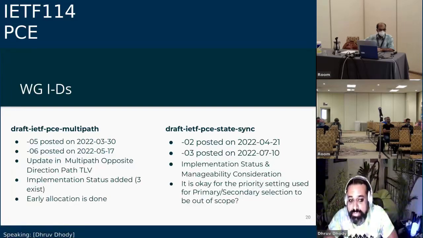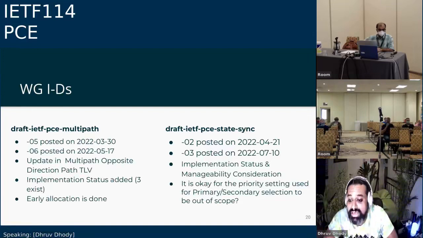The other document that we have is the state sync between the PCEs. 2 updates, adding implementation status, adding manageability consideration, and one open issue, at least from the chair's point of view, is this document has a section on how primary and secondary PCEs are selected, and it is done based on priority, but how this priority is advertised is currently out of scope of the document.